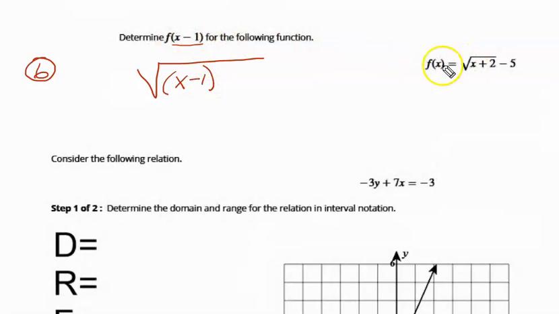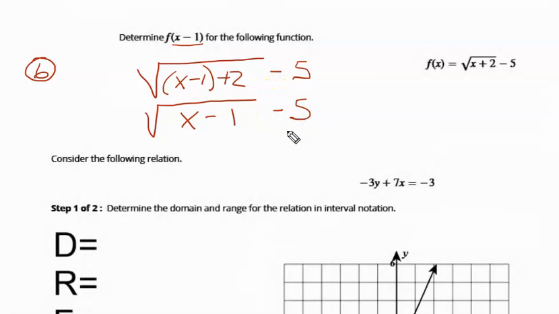That replaces this x plus 2 and a -5. Now, when we remove that parenthesis, this just becomes x minus 1 plus 2. So this is going to be x minus 1 under the radical, and then minus 5 out here.